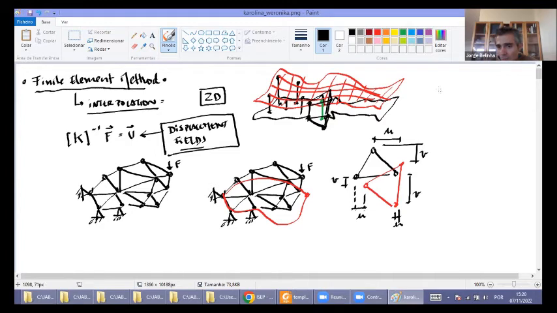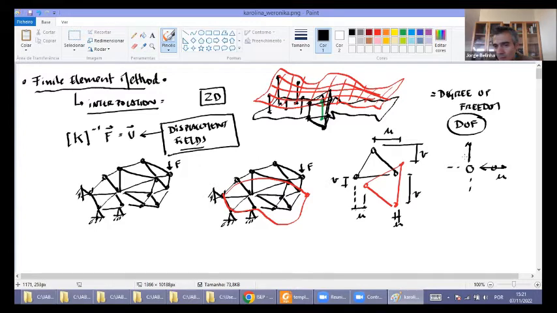This leads me to the degree of freedom. This is an important concept in the finite element method. It has its own acronym, DOF. And in 2D, a point has 2 degrees of freedom. It can move freely on u and v, being this the y-axis and this the x-axis.